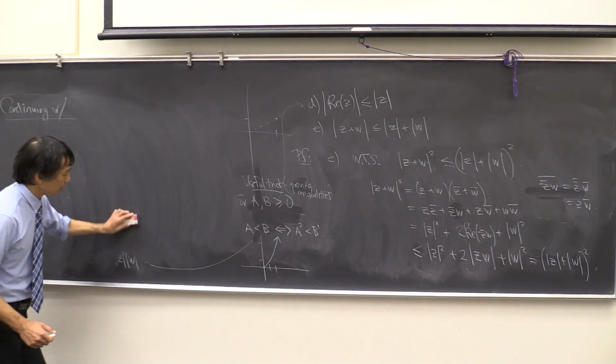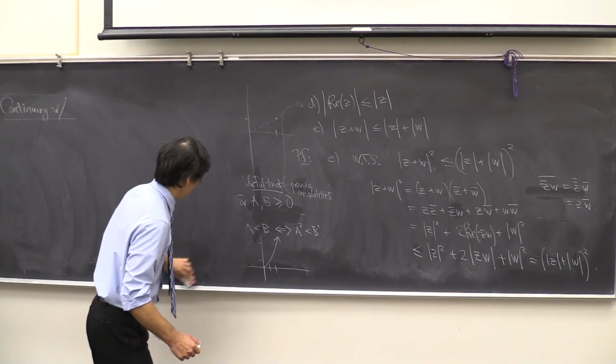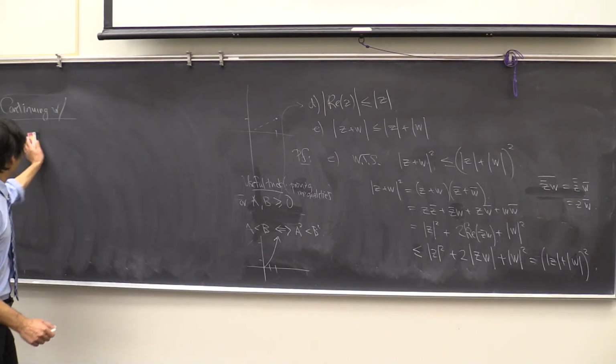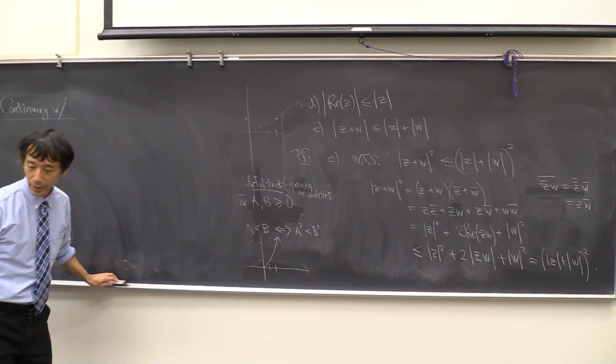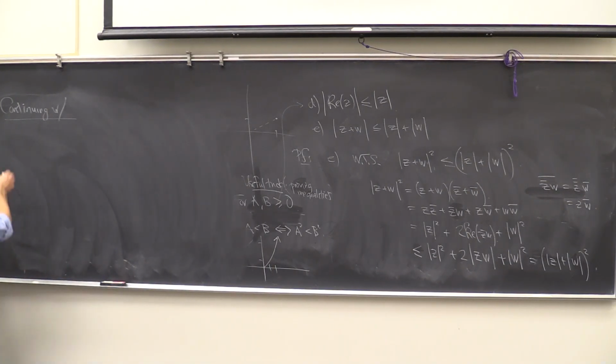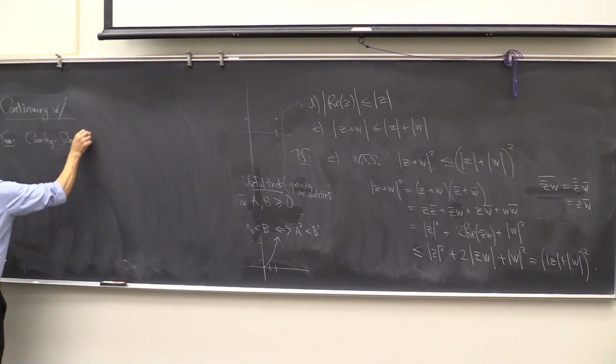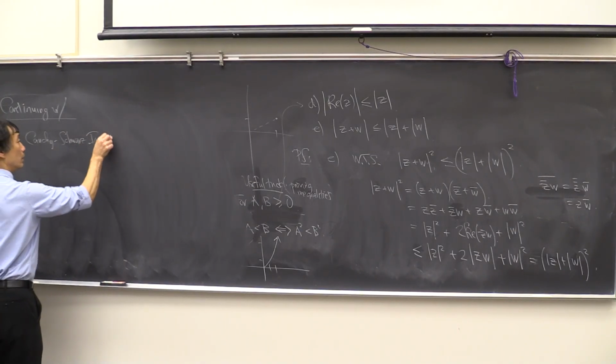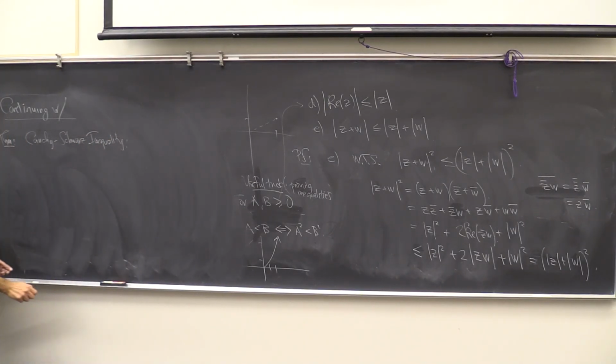Another inequality that will show up over and over again is the so-called Cauchy-Schwarz inequality. Okay, so this can be written like this.